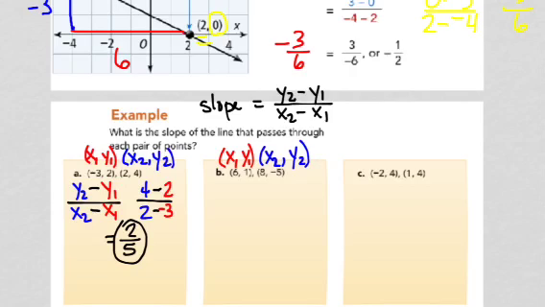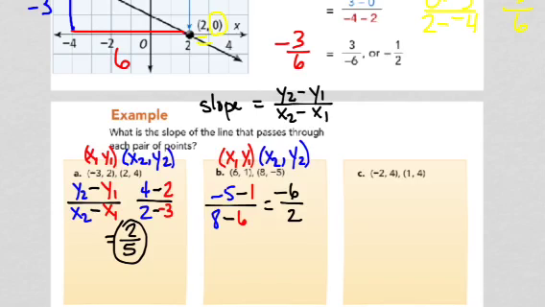So y2 minus y1, so negative 5 minus y1, which is 1, over x2, which is 8, minus x1, which is 6. And now I'm ready to solve. So negative 5 minus 1 is negative 6, and 8 minus 6 is 2.